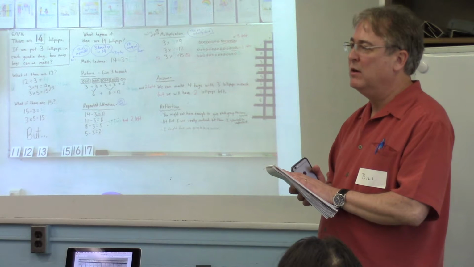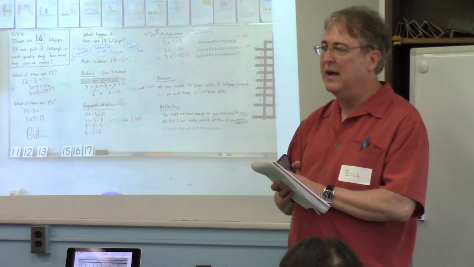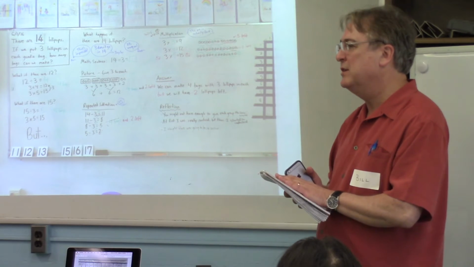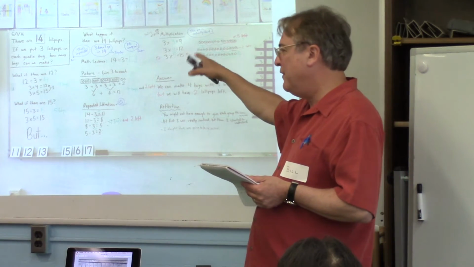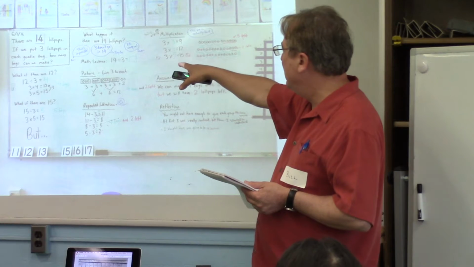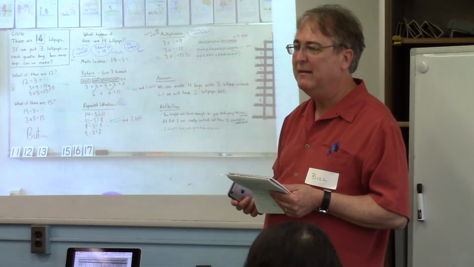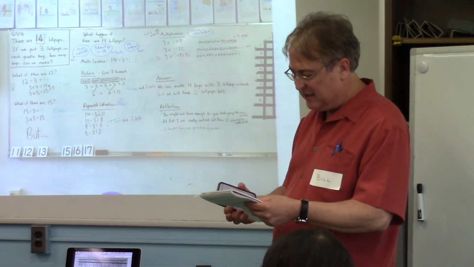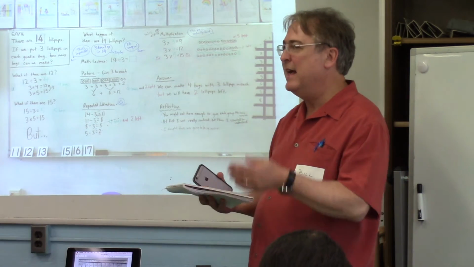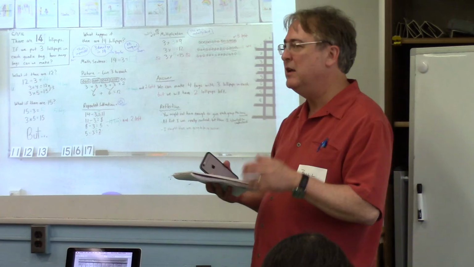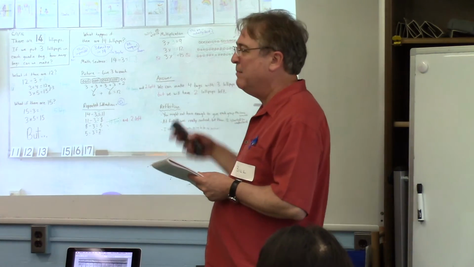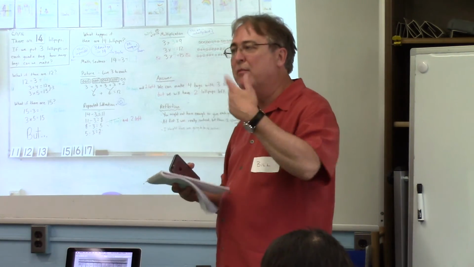So I think kids weren't totally sure what they were trying to find out in some cases. Were they trying to find the answer to 14 divided by 3? Or were they trying to find the number of bags? The problem was posed, how many bags can we make? But kids were writing things like, you can't do it. And I think in their mind, the ones that said you can't do it were thinking you can't divide 14 divided by 3, not that you couldn't make a number of bags.